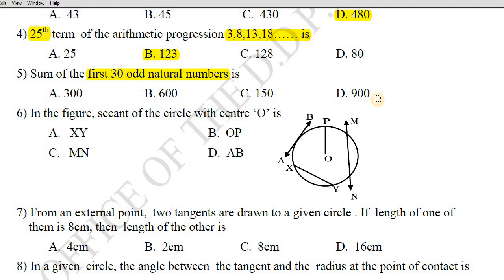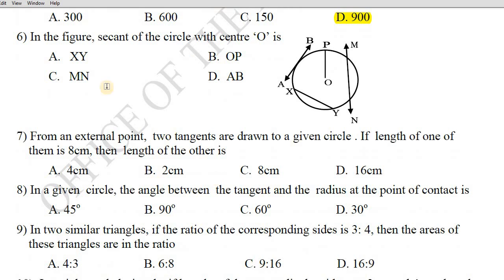Hence A value is 1, D value is 2, and N value is 30. Substitute all these in the sum formula, that is Sn equals n by 2 into 2a plus n minus 1 into D. So it gives the answer 900.